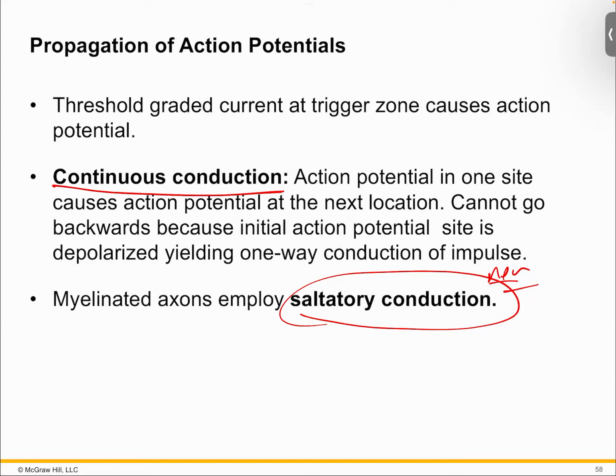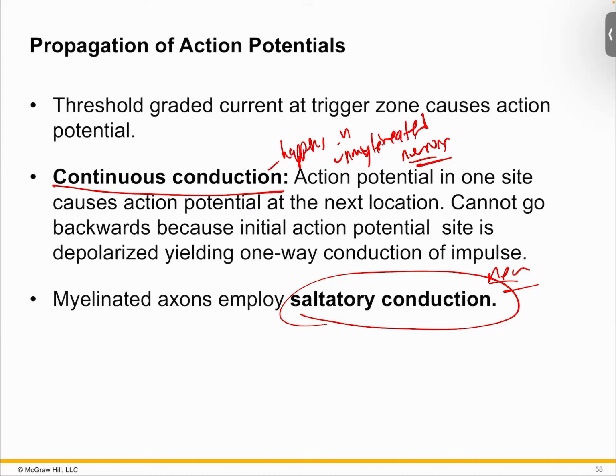That happens typically in unmyelinated neurons. So usually you don't have to go very far, which is good because you're not going to get very far, right? Like your central nervous system neurons would have a lot of continuous conduction in them.